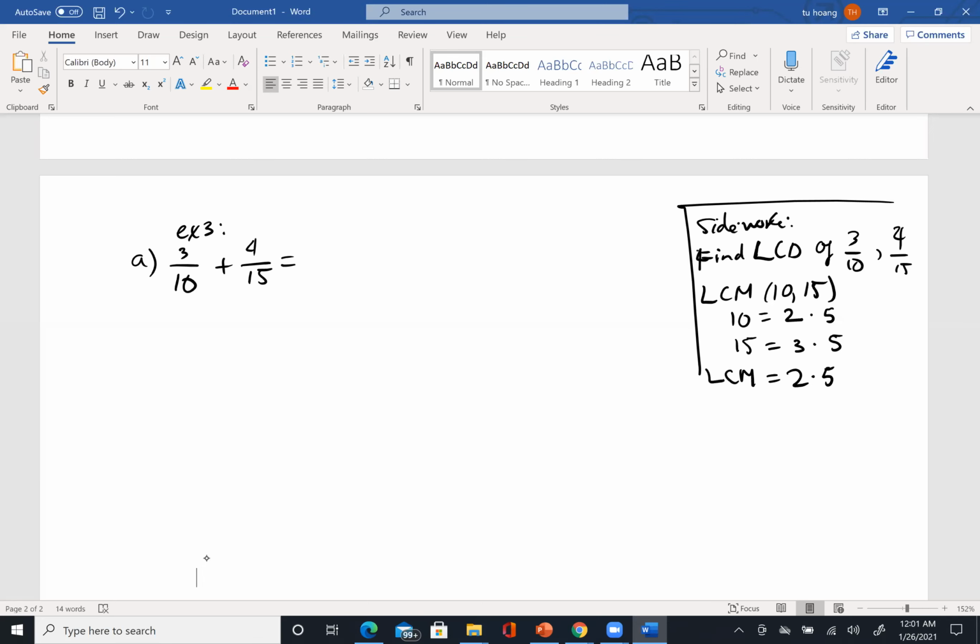Even though it looks like you have number 5 in both, it appears just one time in each number, so it's still only 5, right? We have a common factor, and it counts only once for number 5, and this number 3. So this common multiple is going to be equal to 2 times 5 times 3. What is that going to be? 30.